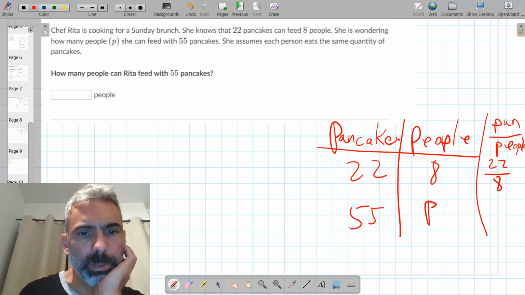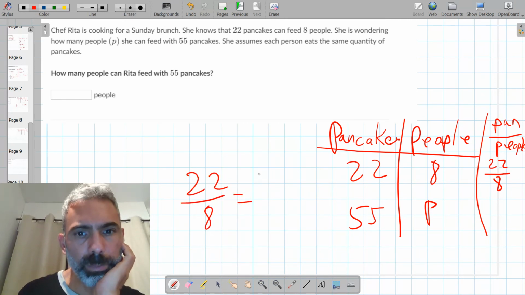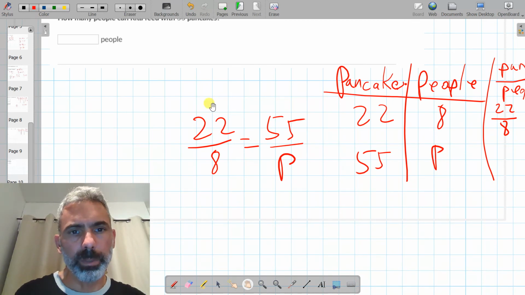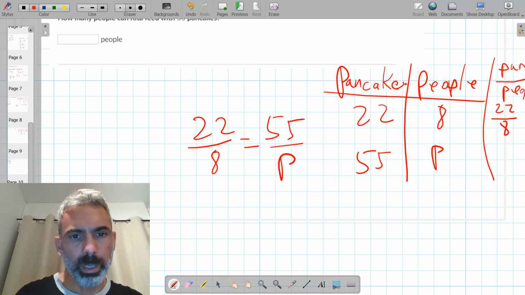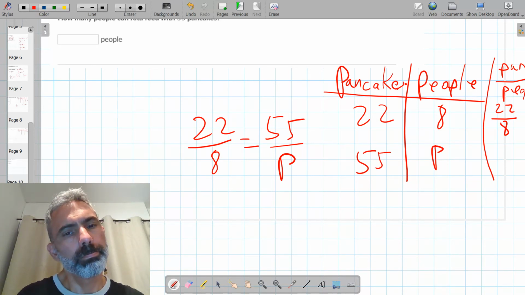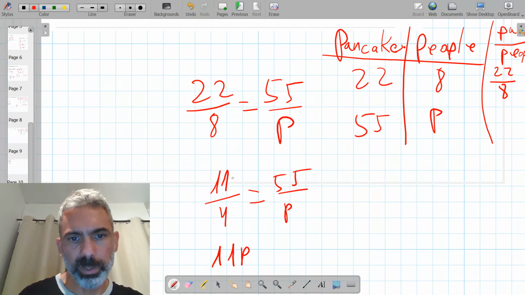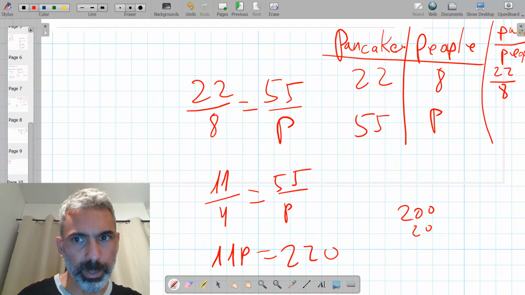Okay, so the relationship between 22 and 8 is the same as the relationship between 55 and P. To solve this, we can cross multiply, but first we will simplify this fraction. 22 and 8 divided by 2, so this is 11 over 4 equals 55 over P. We cross multiply: 11 times P equals 55 times 4. 50 times 4 is 200, and 5 times 4 is another 20, so this is 220.